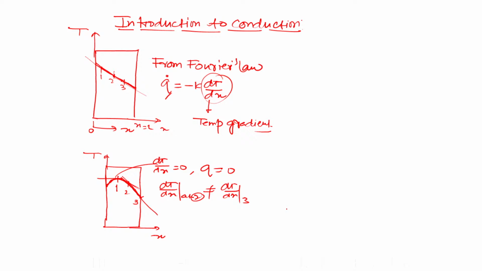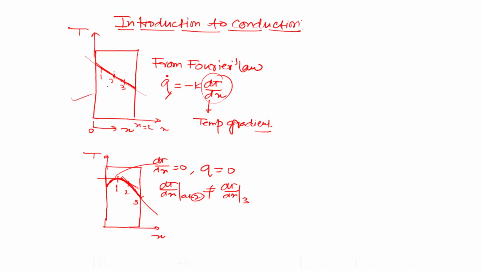As in our introduction class, we restricted our attention to the simplified condition of one-dimensional steady state in a plane wall. Yes or no? That is, a linear profile is there.